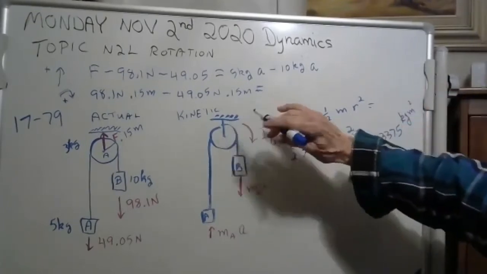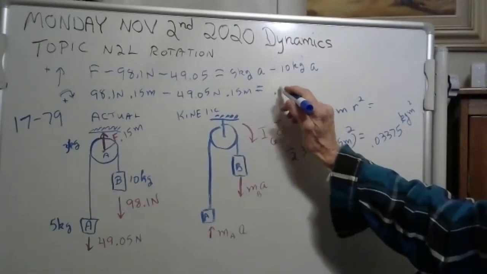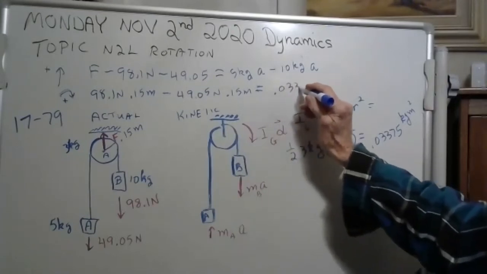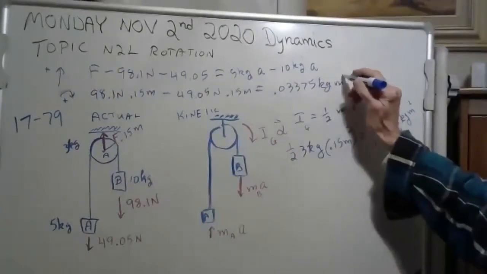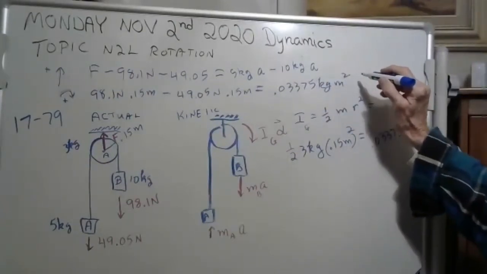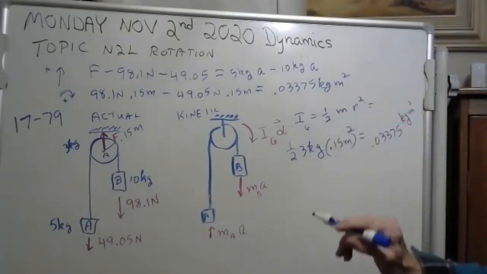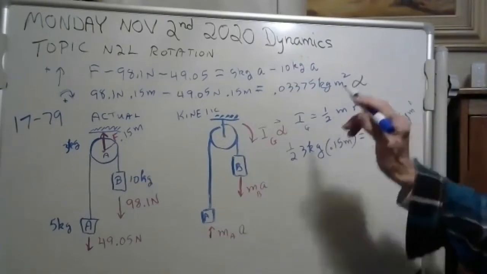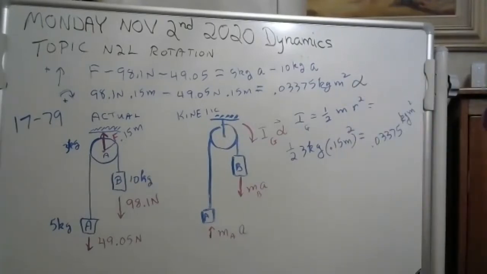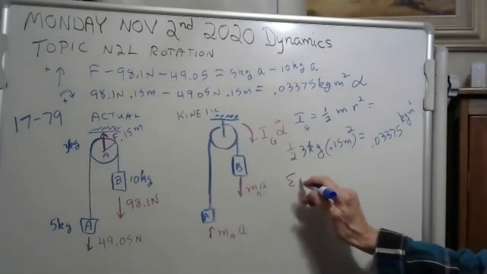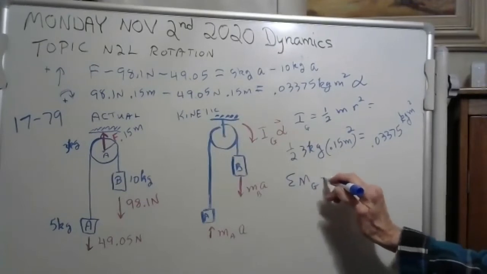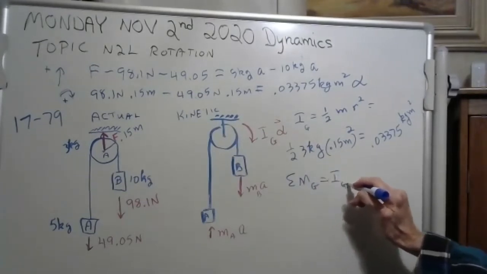So on the right here, we have 0.03375 kilogram meter squared times alpha. Isn't that how it goes? I had to erase it, but isn't that how it goes? The sum of the moments is equal to I alpha.